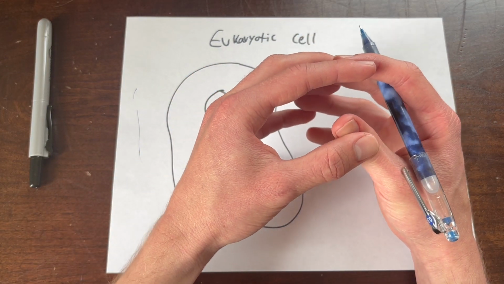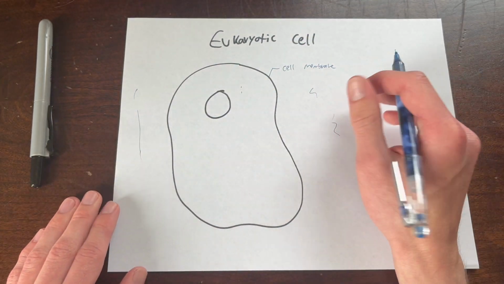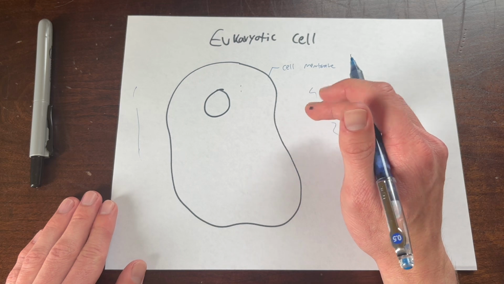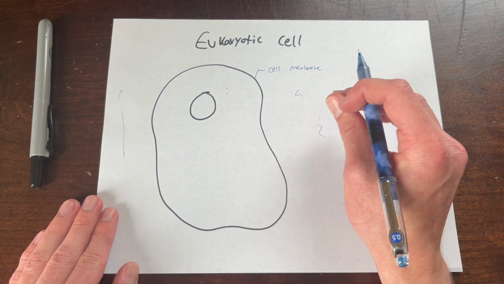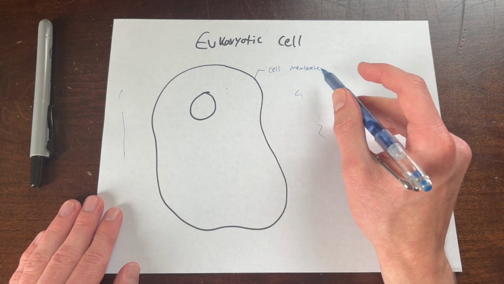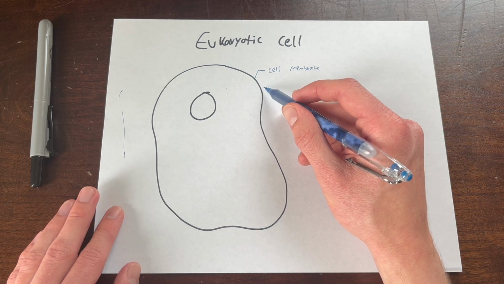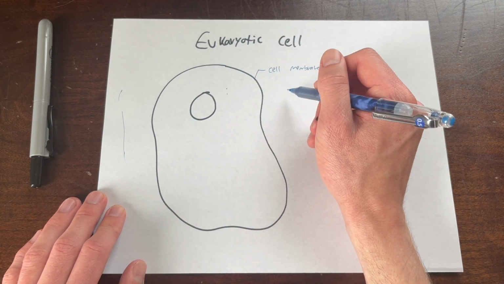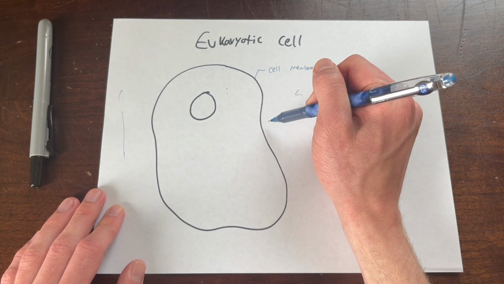And the car is set up so that because the gas is in the tank, it can go wherever it needs to be. The same is true for cells. They need to be contained in specific places in order for things to work, and those divisions are accomplished by membranes. So this is the cell membrane. We'll cover membranes in detail later. This separates the outside world from the inside of the cell. So this is like the walls of the house.